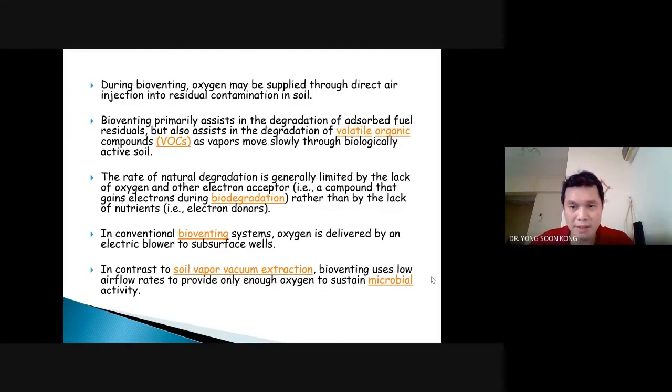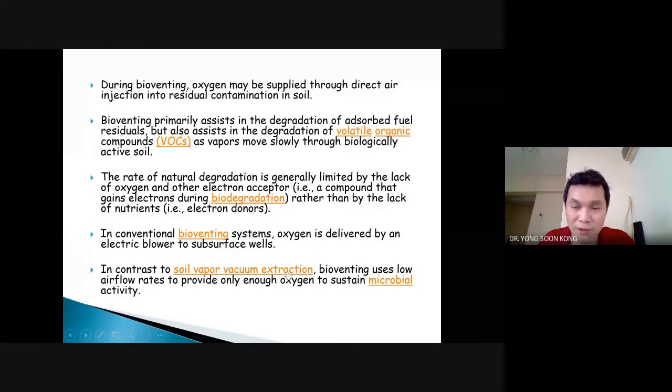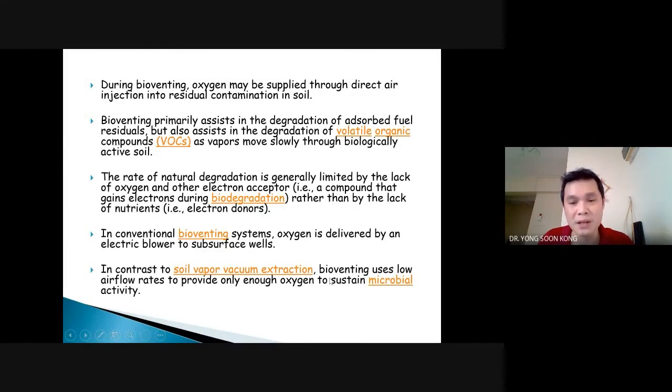So coming back to what I said to you just now, the one that will flush out the contaminants actually has another name. They call it soil vapor vacuum extraction. Although the name says vacuum, essentially it is due to pressure. Like you pump pressure inside, it's easier to extract. So if it does not involve bioremediation, if bacteria is not really a concern, if you just want to flush out the contaminants, the technique is called this one, soil vapor vacuum extraction.